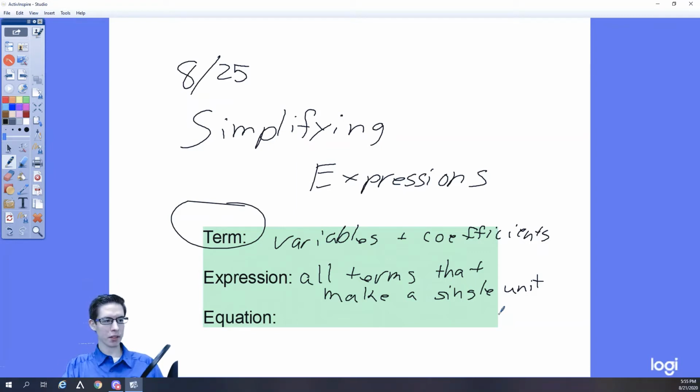And then what makes an equation? Typically an equation is two expressions separated by an equal sign.